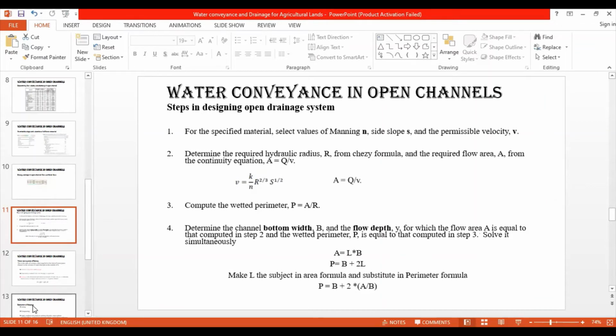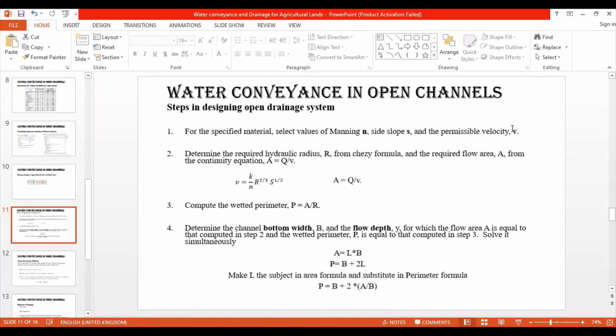Once you know that material, you can easily determine some of the parameters, like the N, which has to do with the roughness of the material. Then we also have the slope, the permissible slope, which is given for every material, as well as the permissible velocity.